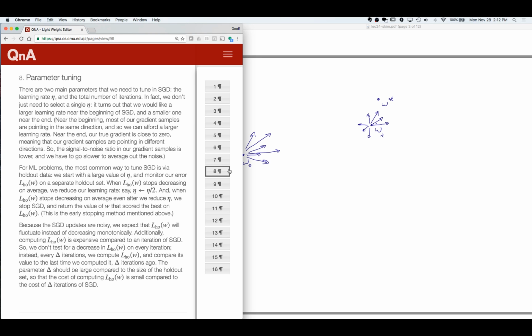And if it stops decreasing, we reduce our learning rate and try again. And then if after we reduce our learning rate, it still doesn't stop decreasing, we're done. And we return the weights that had the best error on the holdout set. All right.